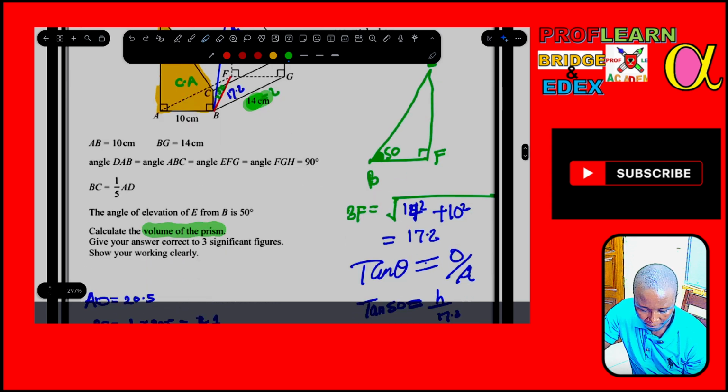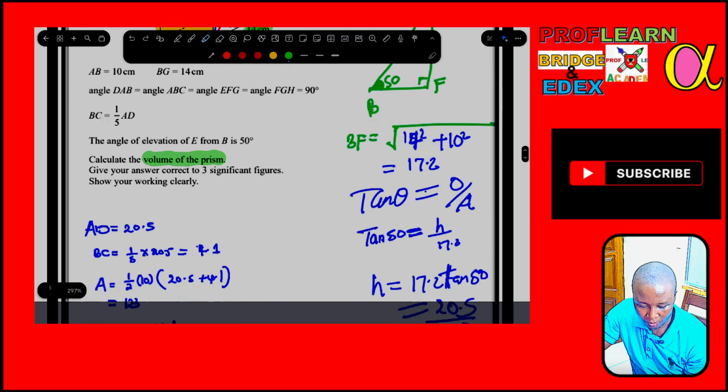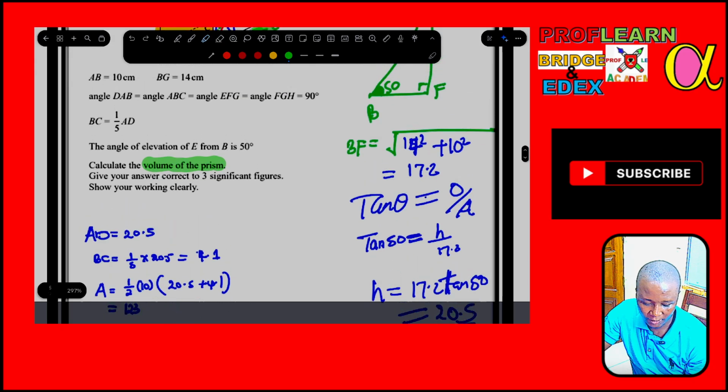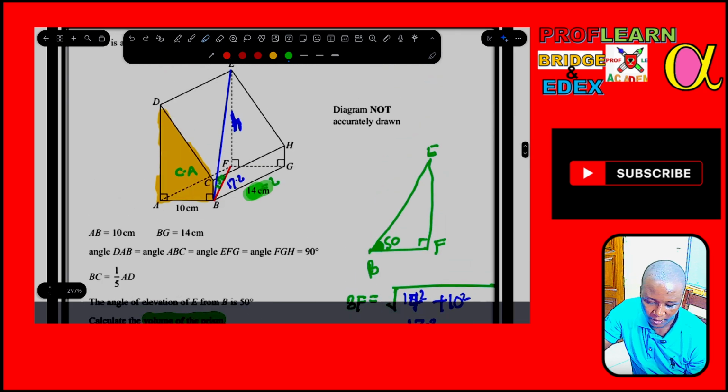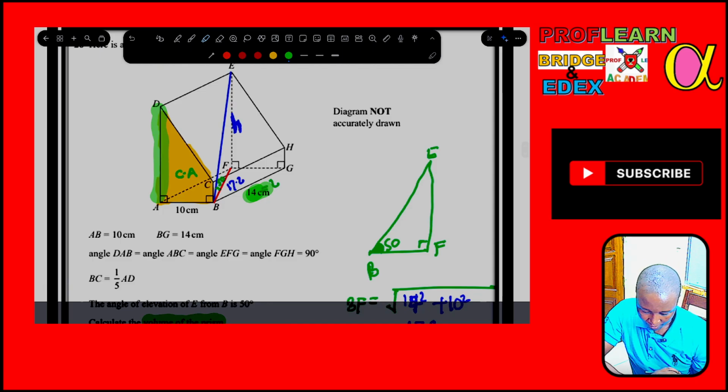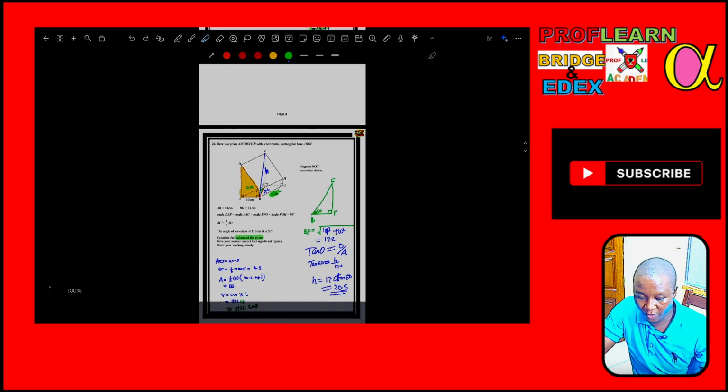So the first thing that we are supposed to do is to look at AD. Where is AD? AD is basically this side. That is one side, and then we are told that BC is 1/5 AD.